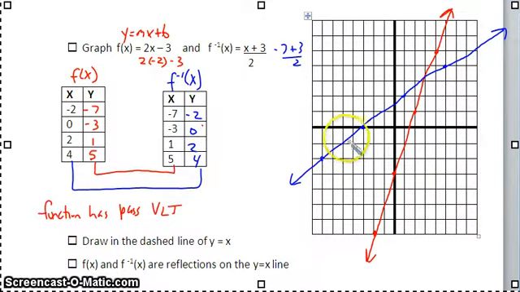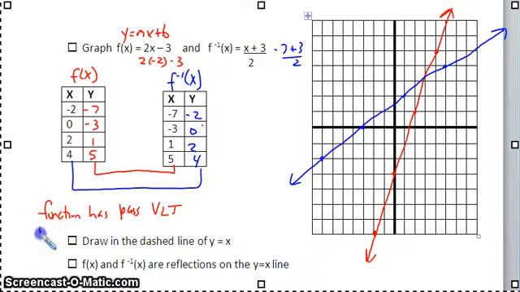But if I didn't have this blue graph here, could you tell me whether or not the inverse would be a function without seeing the graph? Yes. All you have to do is see the graph of the function. So if I see the graph of the function, instead of applying the vertical line test, I'm going to apply the horizontal line test.